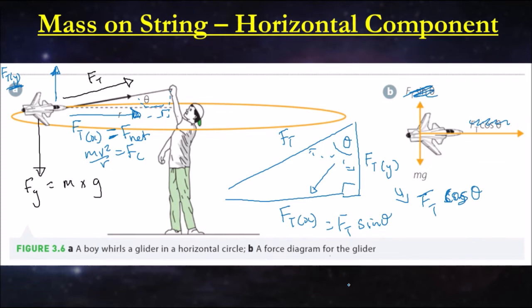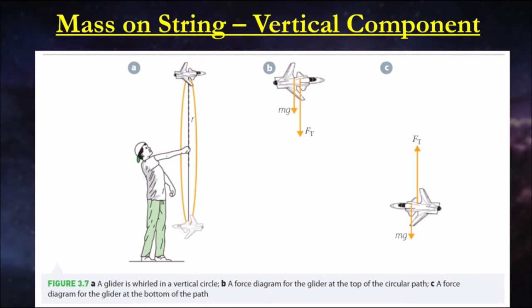Things get a little bit different when we are considering it in a vertical component. There are actually two things occurring for the vertical component. There is the top part here, and there is the bottom part here. So let's think about what's happening at the top. At the top of the spin, the tension force is pulling our mass down, and also there is a gravitational force pulling this mass down.